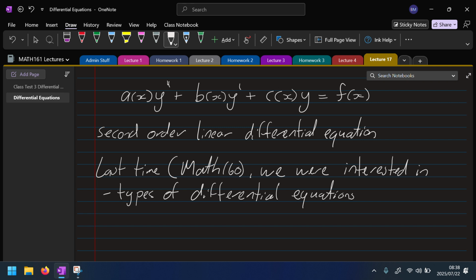Right, so we saw differential equations from different areas. There was the one for electrical engineering. We saw some from chemistry, some from physics, and we saw those different types. We were also interested in the order of a differential equation.